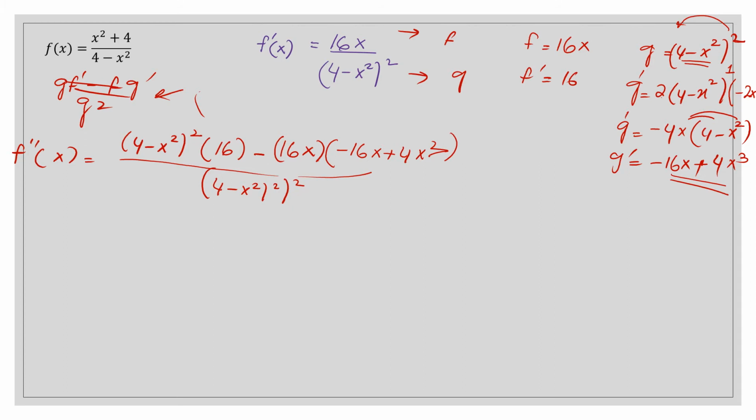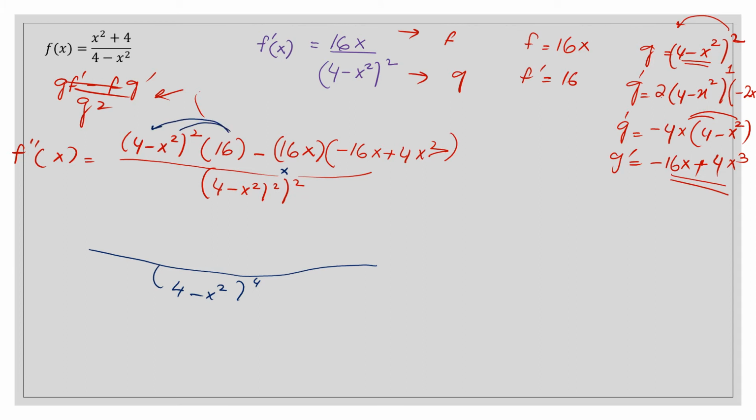Remember, power to the power can be simplified by multiplying the powers, so 2 times 2 gives you 4. So you will get 4 minus x squared whole to the power of 4. Now open the bracket up.